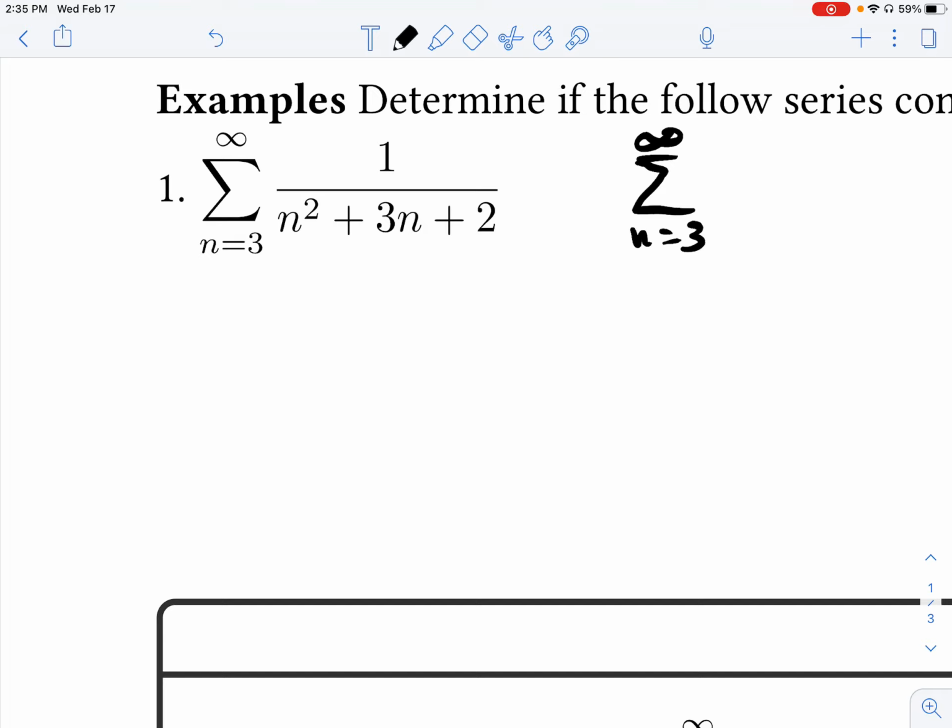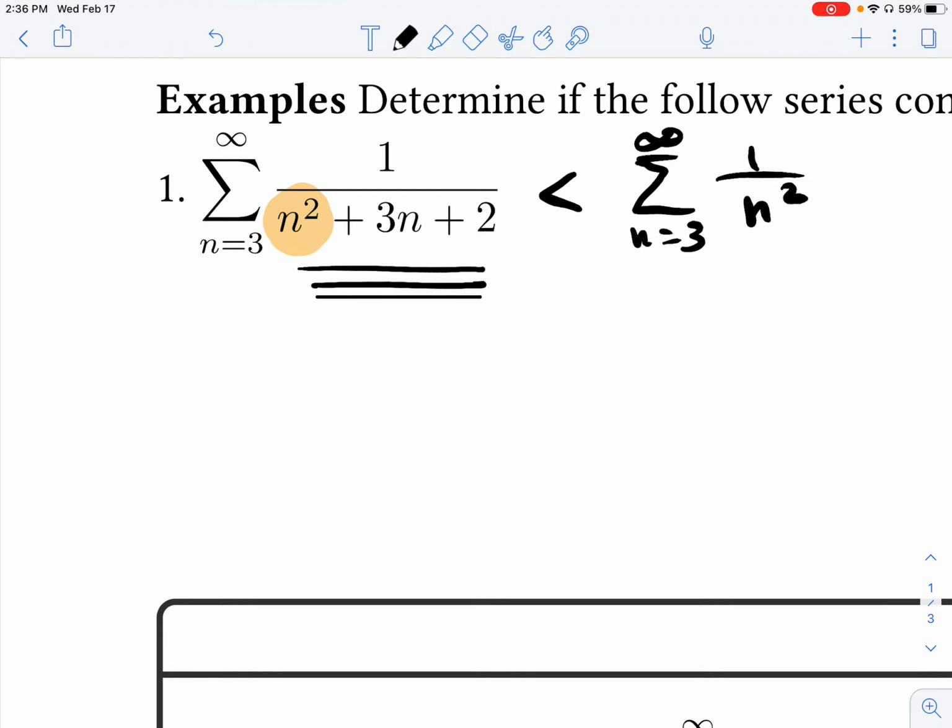Well, how would that be larger? Really pay attention to the degree here. If the degree of your denominator is quadratic, then a quick and easy series to compare it to would be 1 over n squared. I know that this series is larger than the series that we were given. How do I know that? A larger denominator means these terms are going to get smaller.